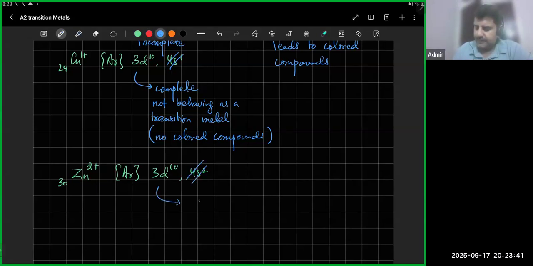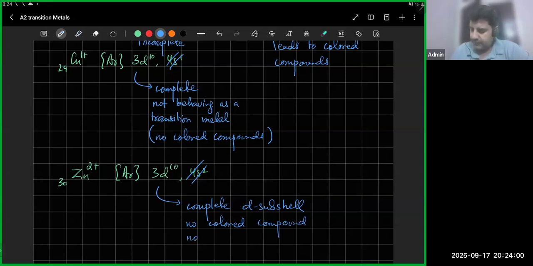Again, it's got a complete d subshell, so it won't form any colored compounds. So remember, zinc, although it's a d block element, is not a transition metal. So no transition metal property.